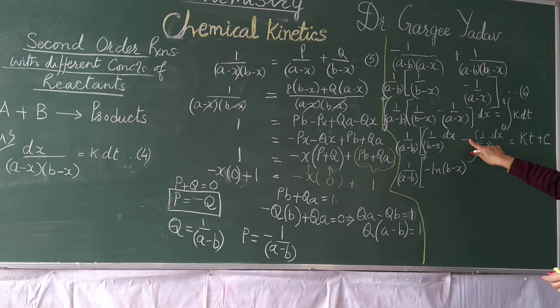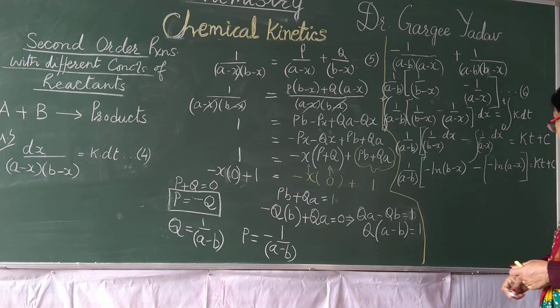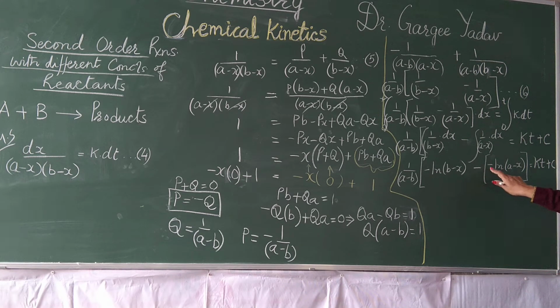Similarly, I will first write this minus sign. Now we will calculate this also, and this will come out to be minus of log natural a minus x. This will all be equal to kt plus c. There is less space, and I am trying to save the space now. And this is minus and minus. Minus and minus will become plus.